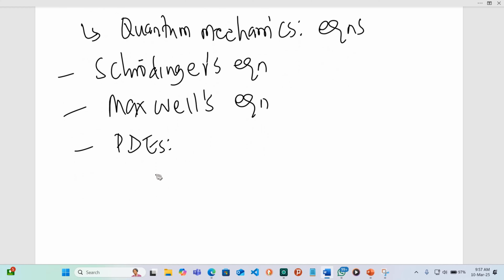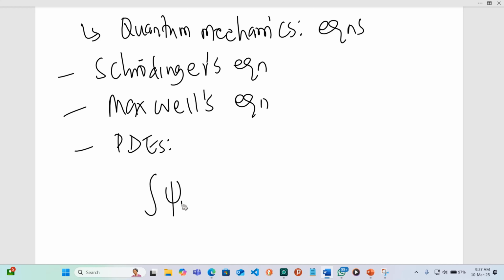You'll find that you have functions, and to deal with these equations you may need to compute some coefficients. For example, take a scenario of partial differential equations where solving them leads you to a Fourier series, and that Fourier series has Fourier coefficients. So you'll find that you need to deal with getting the Fourier coefficients.